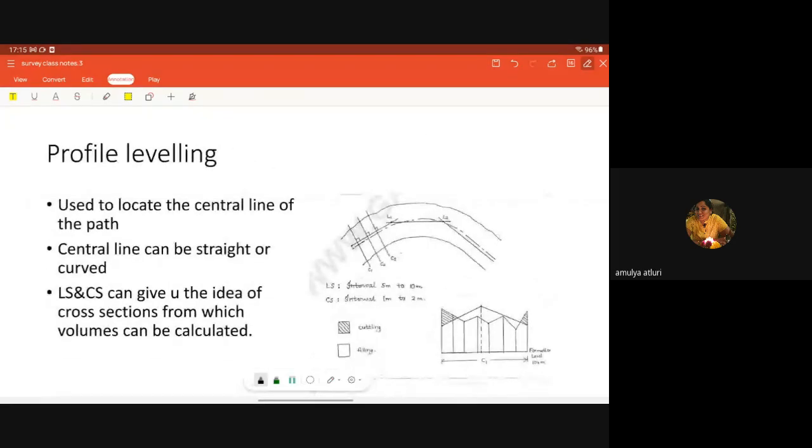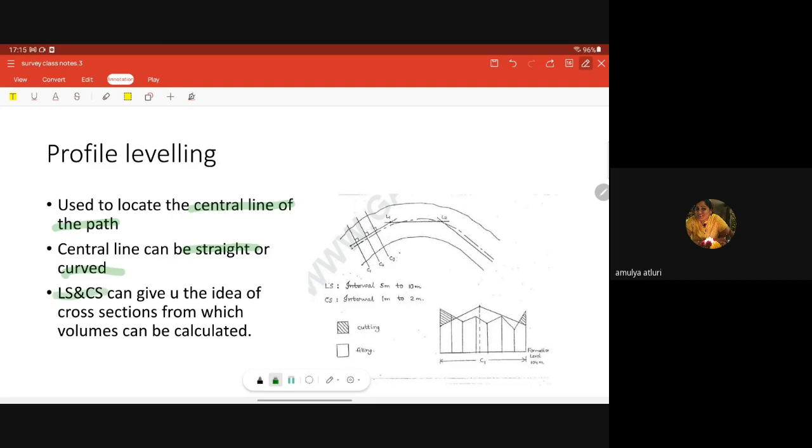Next point is profile leveling. So what is profile leveling? It is used to locate the central line of the path. The central line of the path may be curved or may be straight. It is generally used to calculate LS and CS, longitudinal sections and cross sections of the areas.